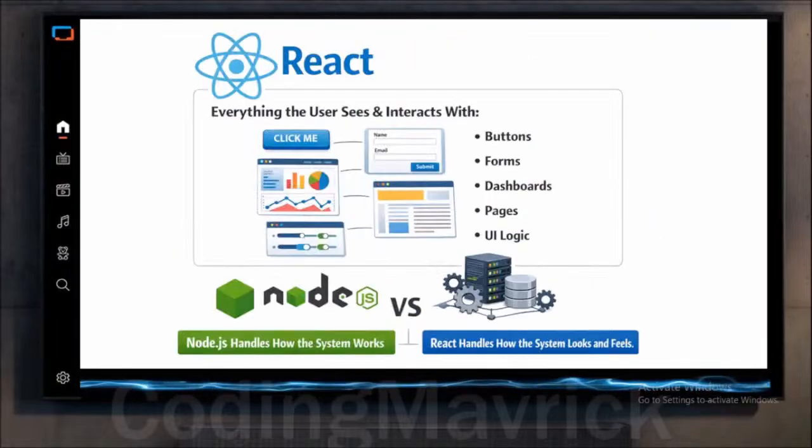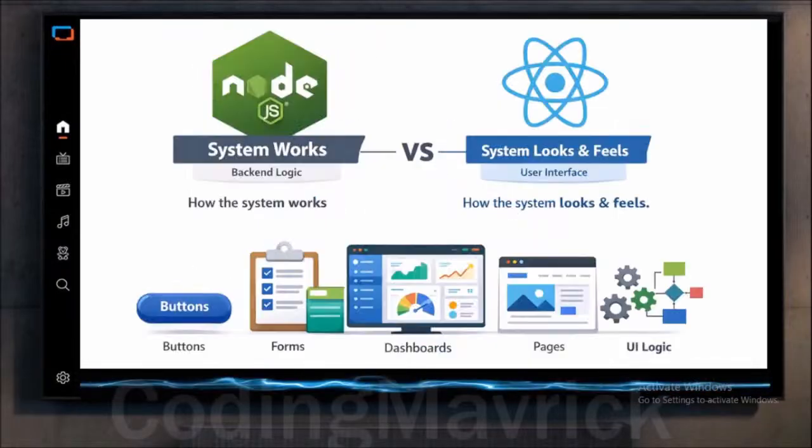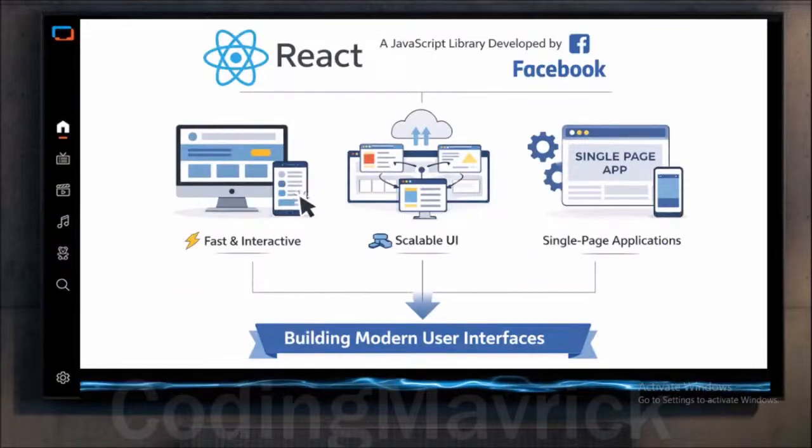React is responsible for everything the user sees and interacts with, like buttons, forms, dashboards, pages, and UI logic. You can think of it like this: Node.js handles how the system works and React handles how the system looks and feels.